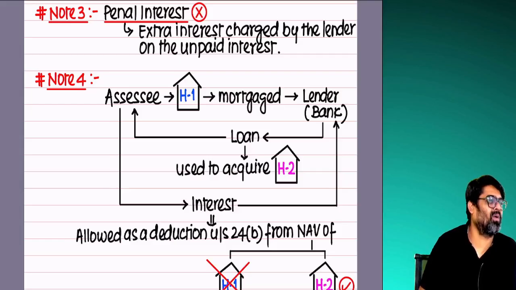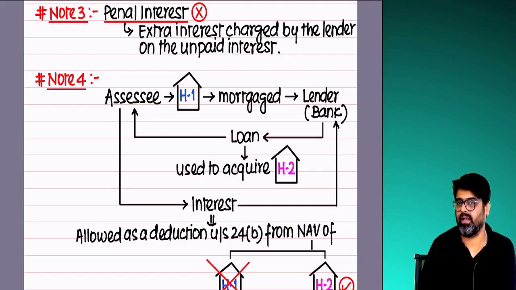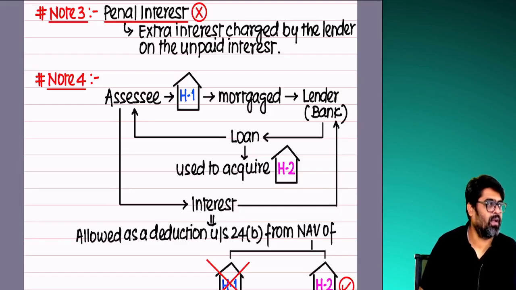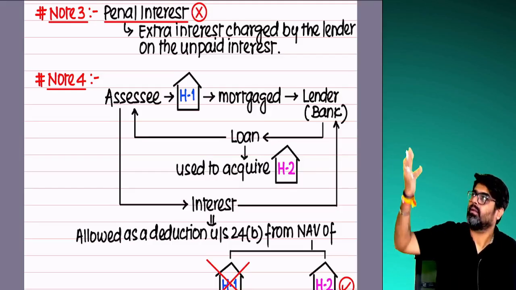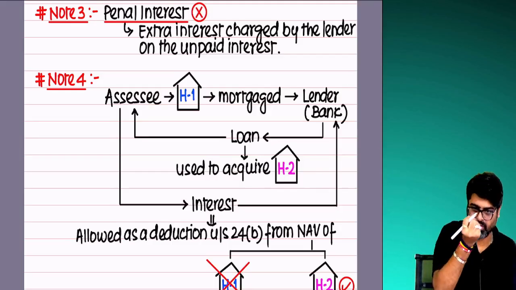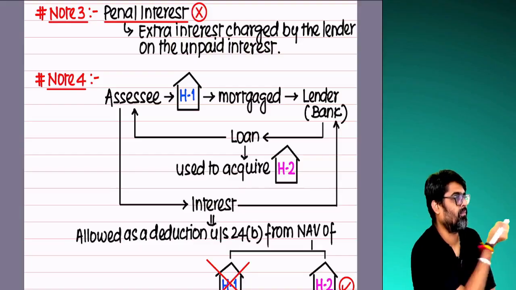Apply some mind, no. Don't be silent like this. Hyderabad or Chennai? Chennai or Hyderabad? You have to see that the loan which you have taken was used on which property.